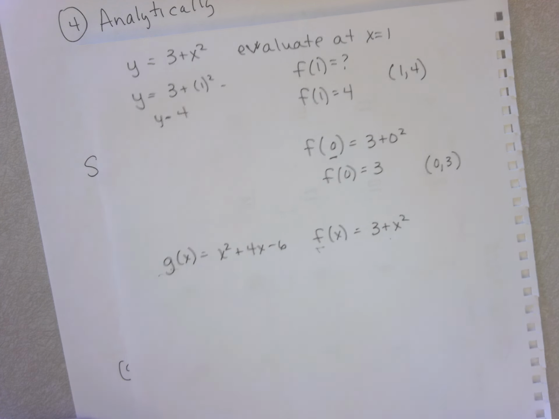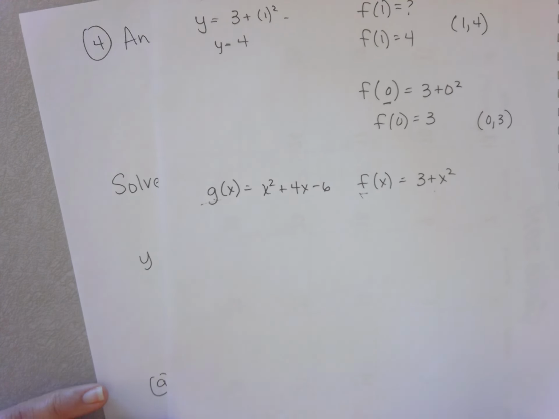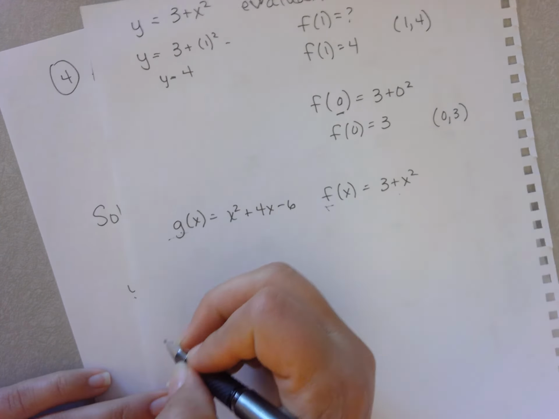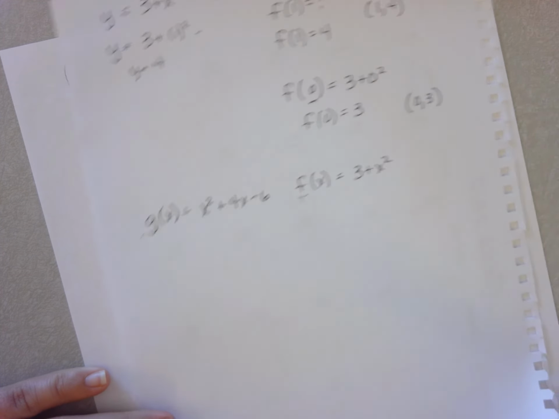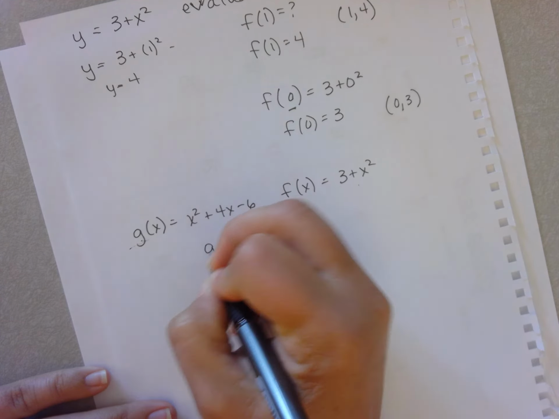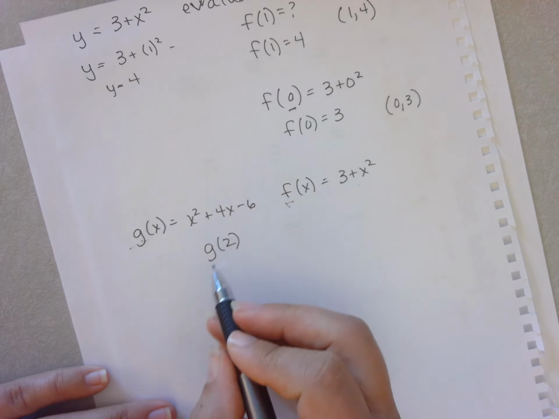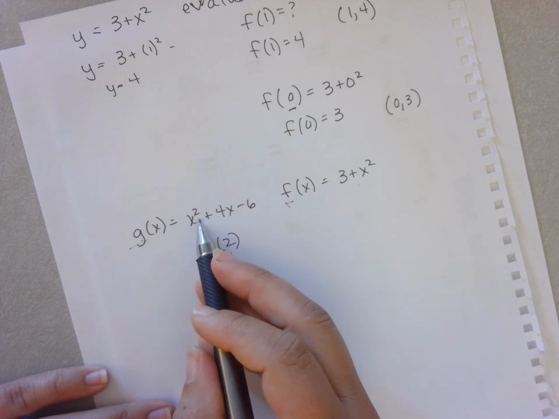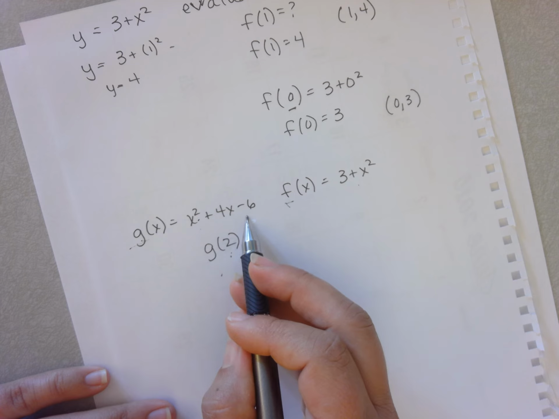All right, so let's take our two functions here and let's just evaluate them. Let's find out what g of 2 is. g of 2 is an indication that I'm using g, so I'm going to come over here, and 2 means I'm going to use this value for x when I plug in the value.